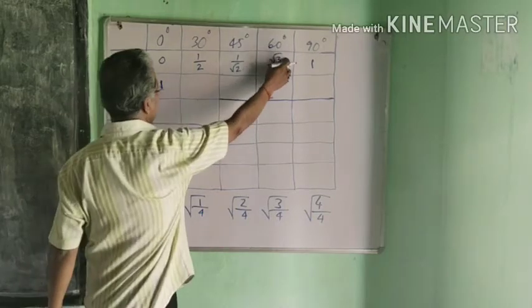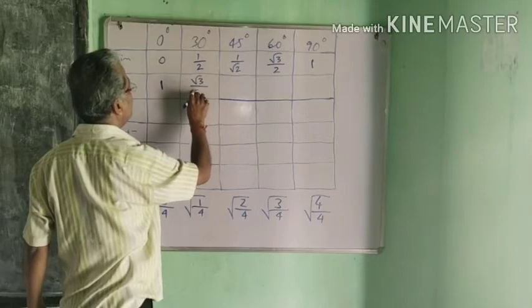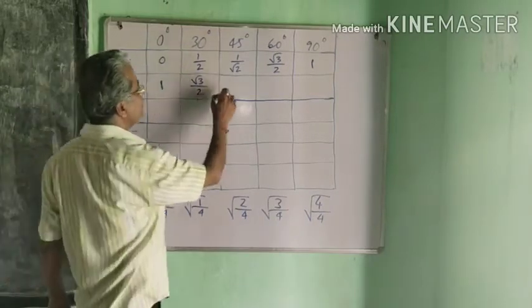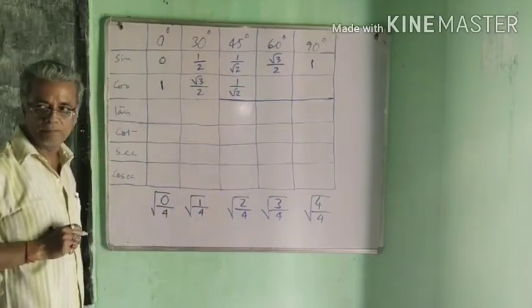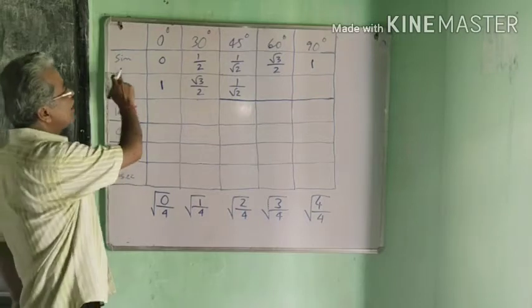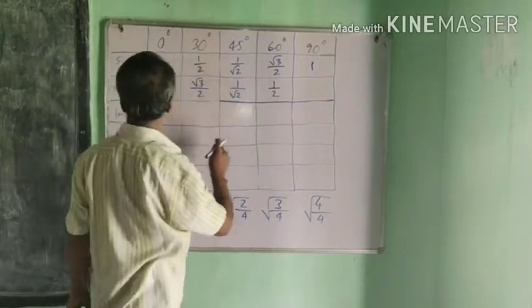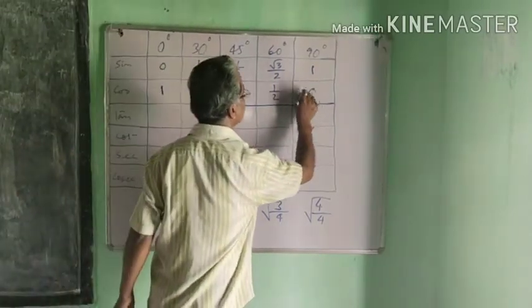Sine 60 degree will be cos 30 degree. Sine 45 degree is also cos 45 degree, same. Sine 30 degree will be cos 60 degree. And sine 0 degree will be cos 90 degree.